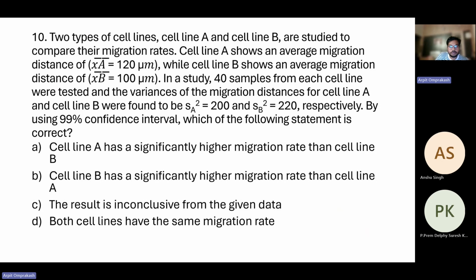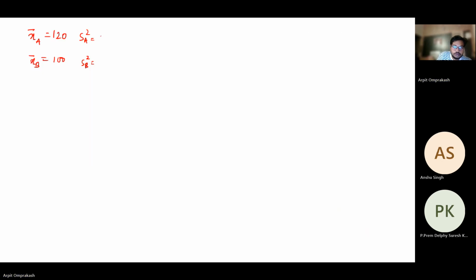This is 200 and 220. We are given a confidence value of 99%. And we are given 40 samples. So n is equal to 40.